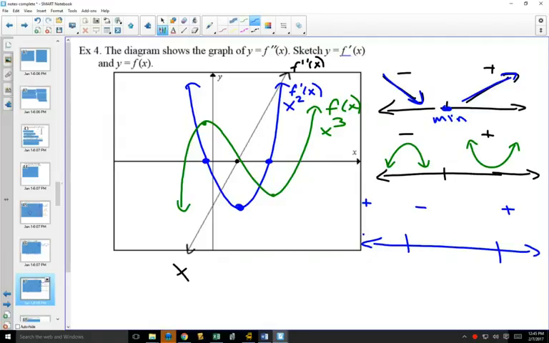On either side, it's positive, so that tells us our original function is increasing, then decreasing, then increasing again, telling us that on our green graph, this is a max and this is a min, and so we get these points here.